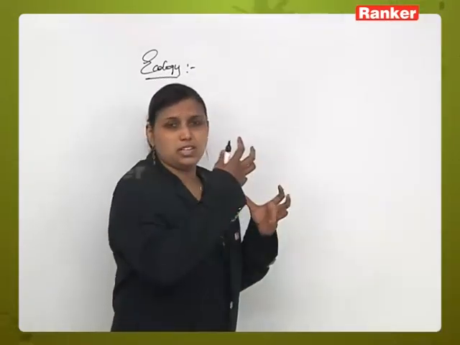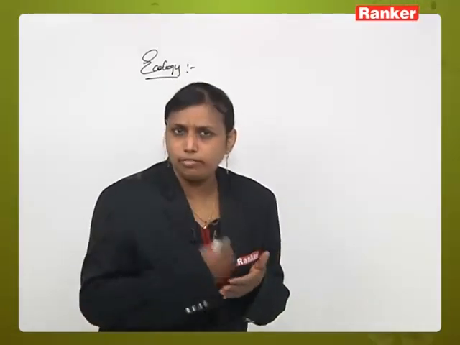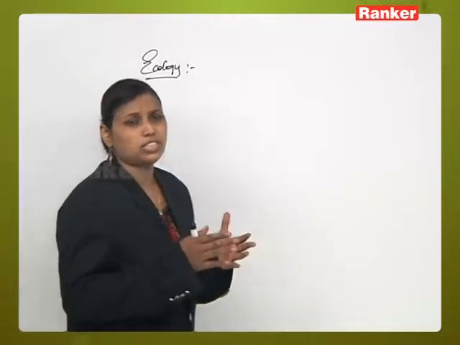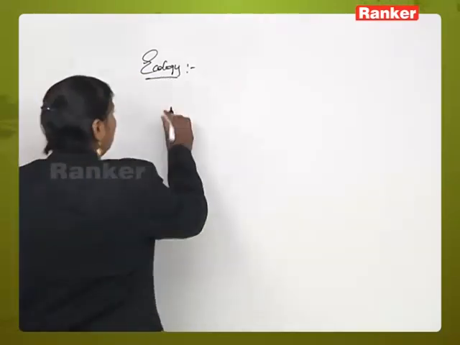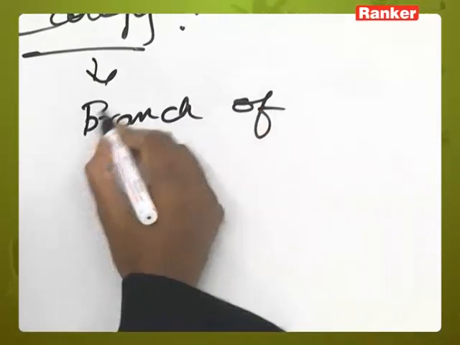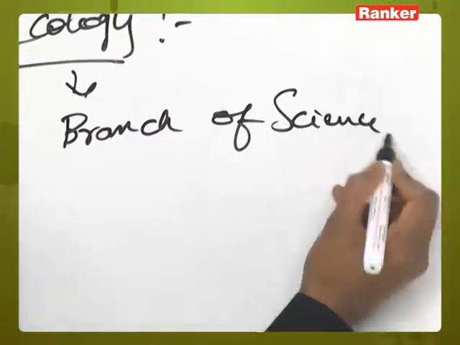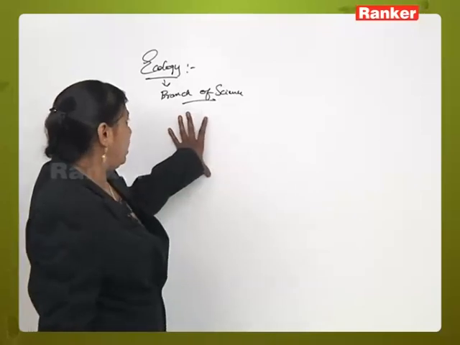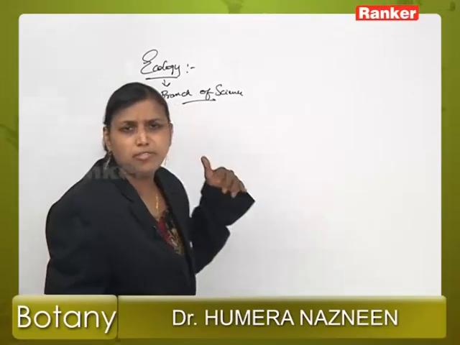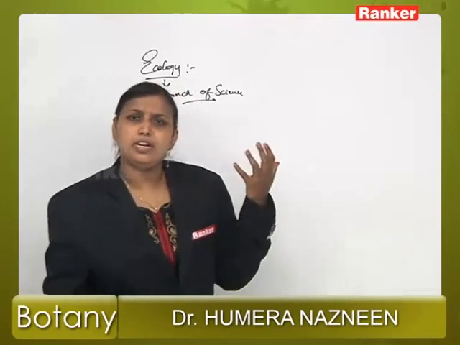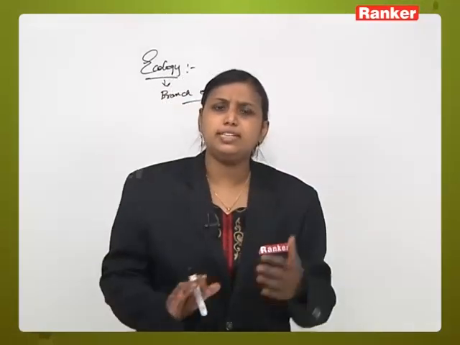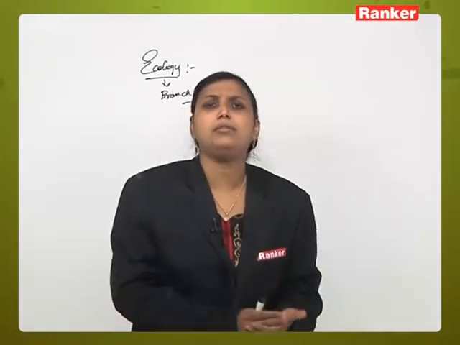After analyzing the different definitions given by different ecologists, we can come to a conclusion: ecology is a branch of science which seeks to determine the effect of environmental factors on the growth, distribution and migration of organisms from one place to another.